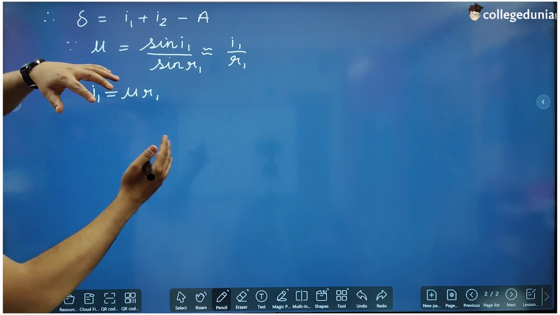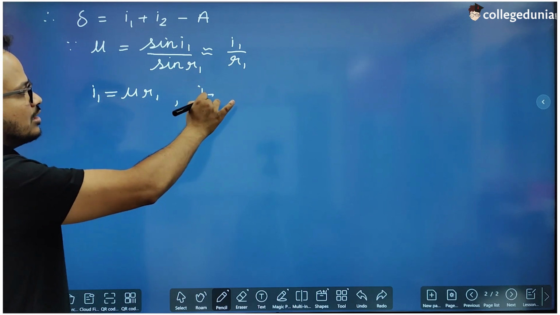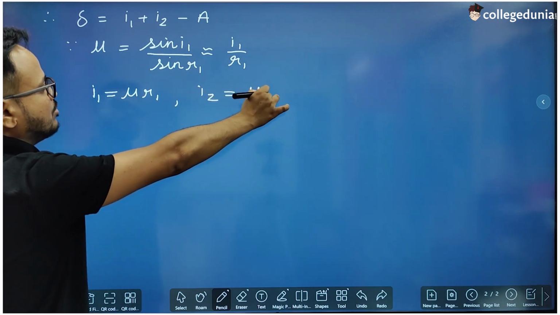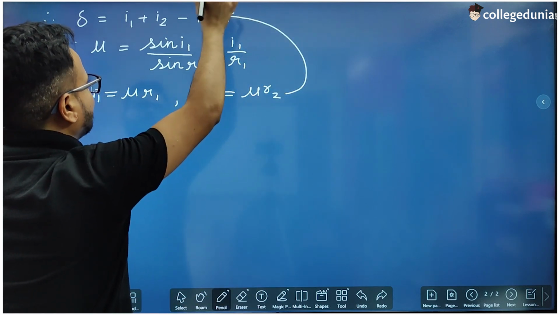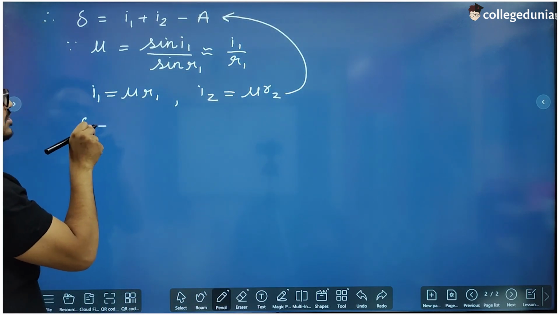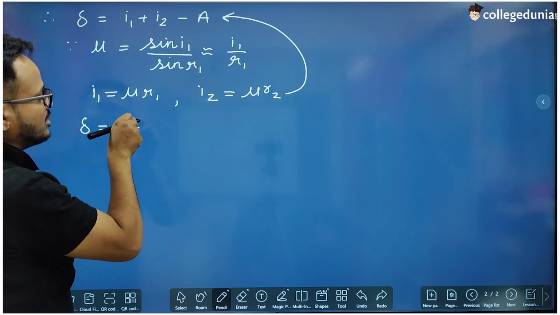Similarly, if we take from the other side, we can say the value of R2 is mu R2. Now if we put these values here, delta becomes I1 plus I2.